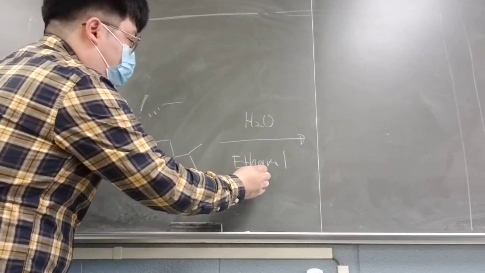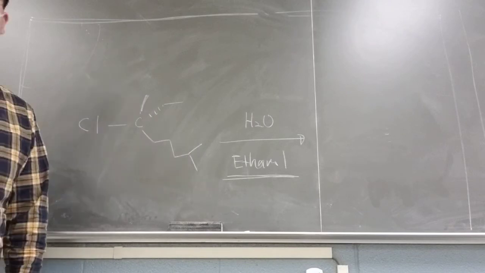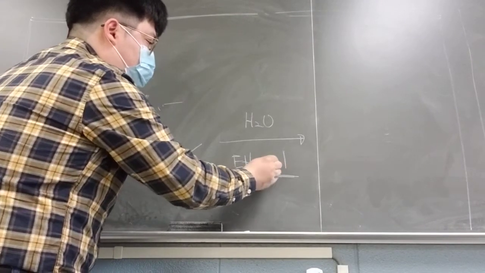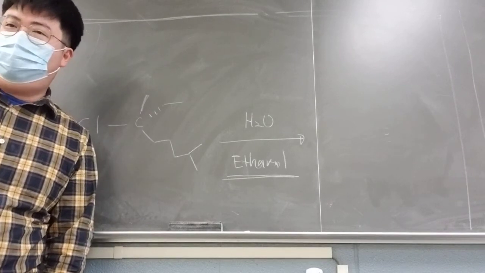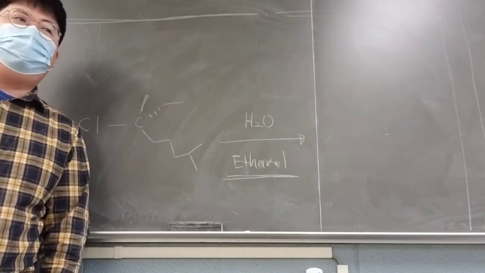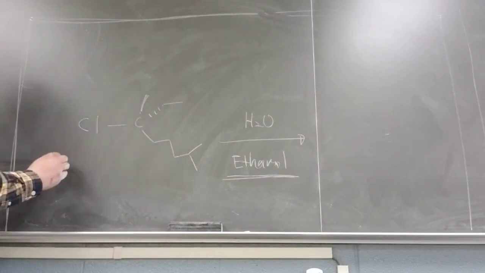But for this one, most of the time, when you look at the solvent, it tells you almost everything. If the solvent is either water or ethanol or a mixture, you can almost assume a 90% chance it will be just SN1. So this will be SN1.